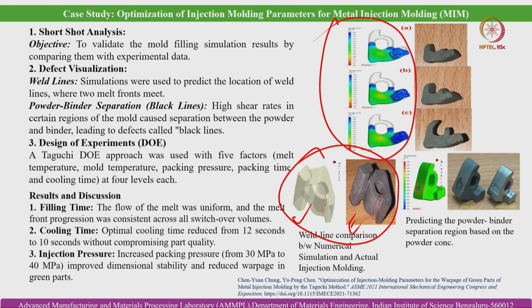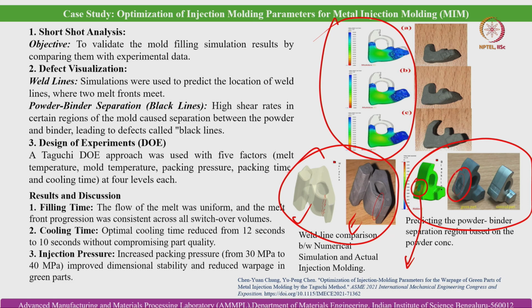Sorry, this is basically the concept of the weld line, where two fronts are meeting, and this is the example of the black line, where you can see the powder binder segregation predicted by the simulation. The transport phenomena predicted by the CFD model exactly match the experimental observation.